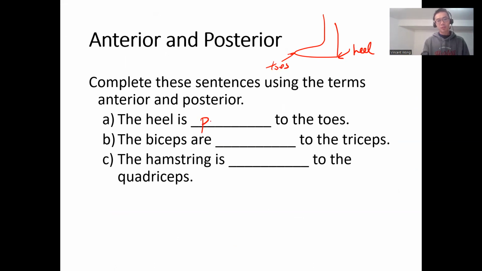So this would be posterior. If you think about your arm, the bicep is right here. The tricep is right here. So in anatomical position, the bicep is blank to the tricep. In front of, right? So that's anterior.